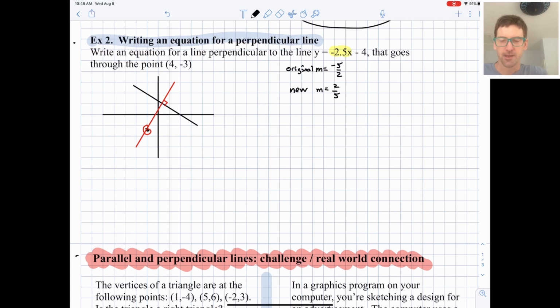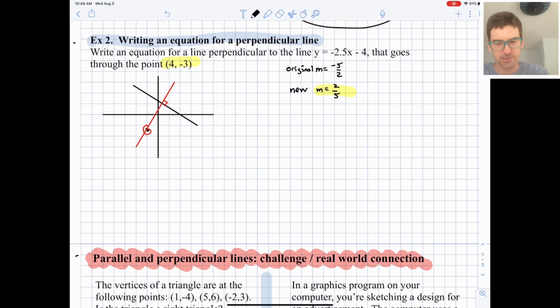Just like in the prior video, it doesn't specify what form we're going for, but I'm actually going to go for slope-intercept form just to remind you of that. So we have a point and a slope now.